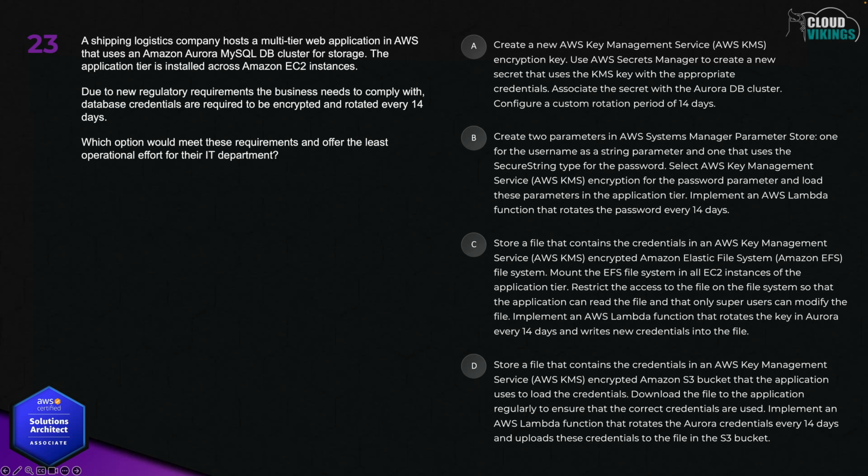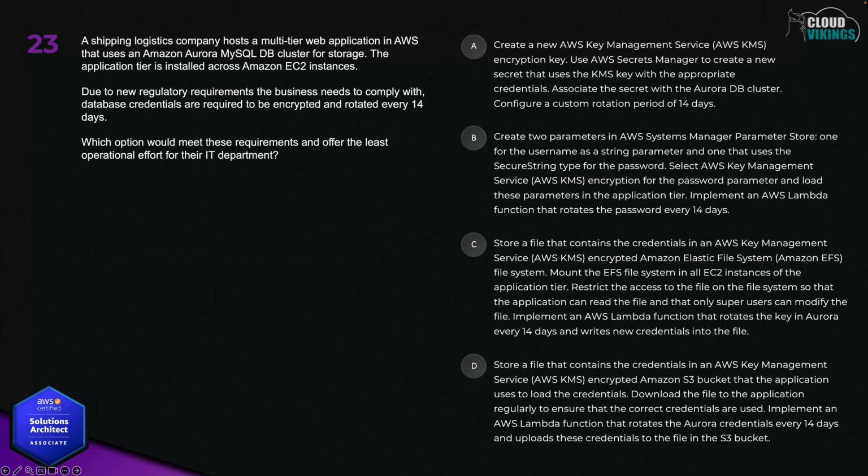A. Create a new AWS Key Management Service, AWS KMS, encryption key. Use AWS Secrets Manager to create a new secret that uses the KMS key with the appropriate credentials. Associate the secret with the Aurora DB cluster. Configure a custom rotation period of 14 days.